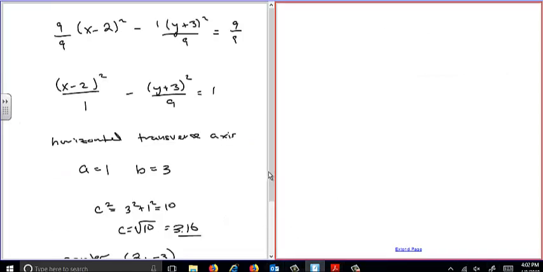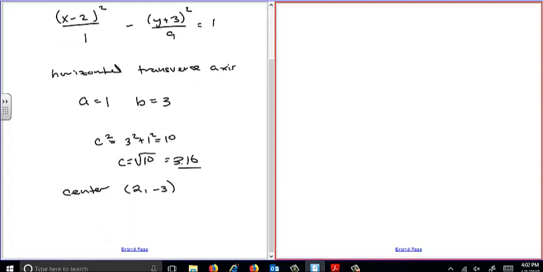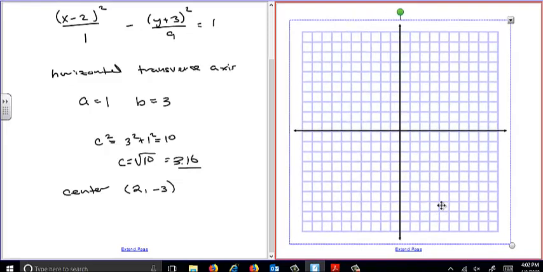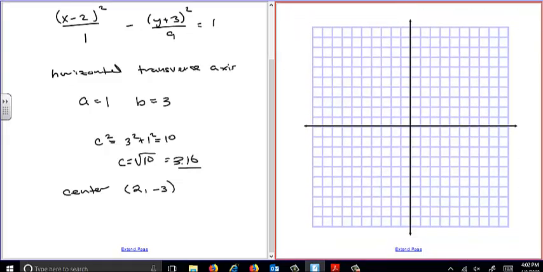And we can plot the function. Okay, again, I'm going to use the standard scaling. Okay, so we start at the center. So we're going to go 2, negative 3. So there's a center. In the x direction, I move 1 unit either way.